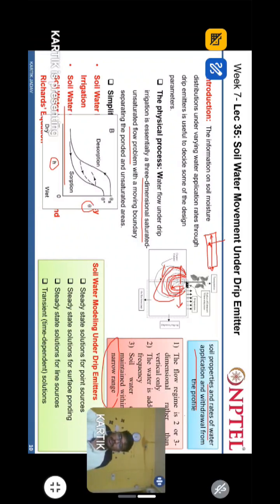And next to that, we have seen various kinds of equations that we generally require for drip emitters. That is the steady state solution for a point source, steady state solution for surface ponding, steady state solution for line source emitters, and transient solutions.